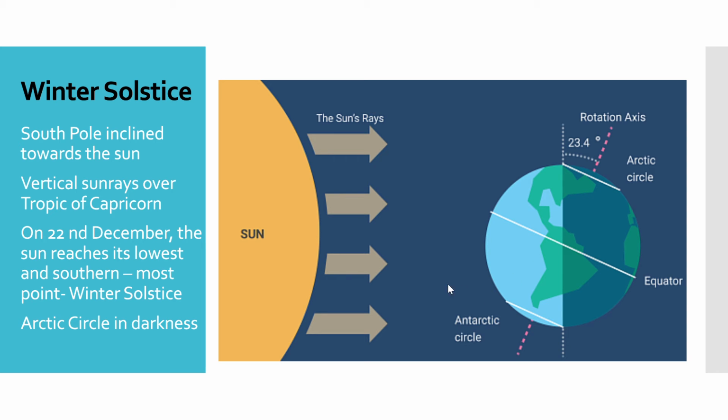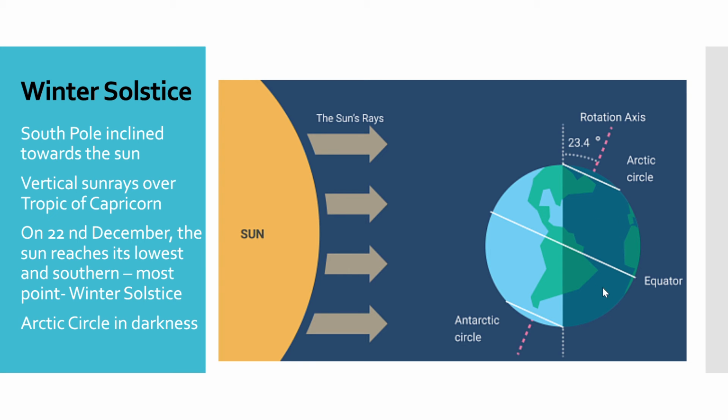For this, vertical sun rays fall over Tropic of Capricorn. So on 22nd of December, the sun reaches its lowest and southernmost point, and so that day is known as winter solstice. During this time, Arctic Circle is in complete darkness.